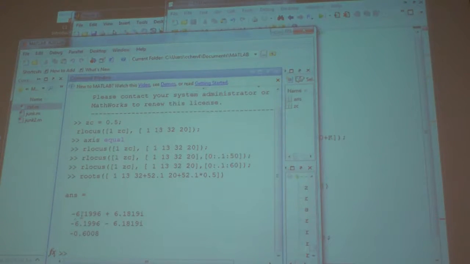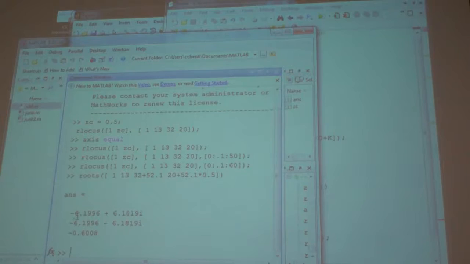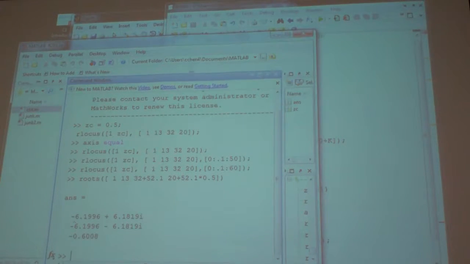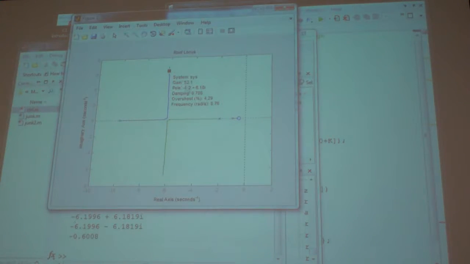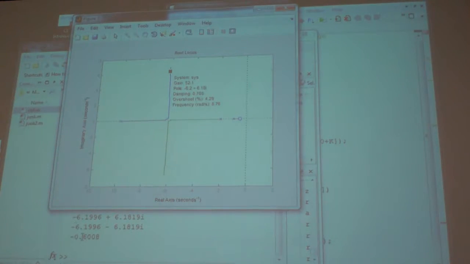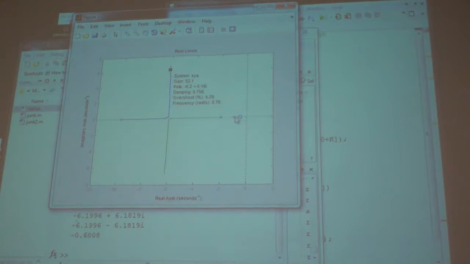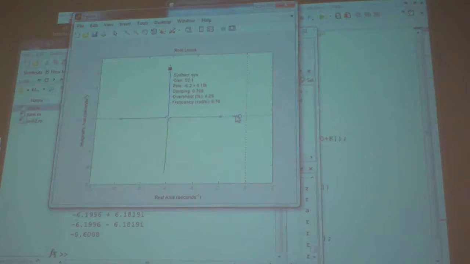Now you can see we have the complex conjugate pair at about minus 0.2 and minus 0.2, which is very close to what we marked here. And the third one is about minus 0.6.